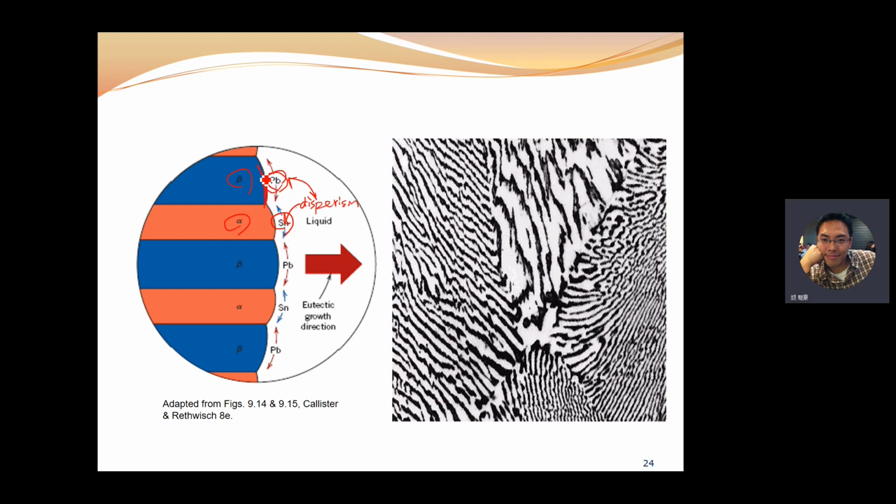Through the surface, they will keep diffusing and growing, layer by layer, to form this layer structure and lamella structure. And this figure is the microscope image of the eutectic reaction, the eutectic structure.